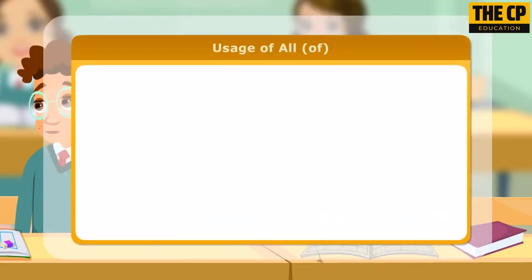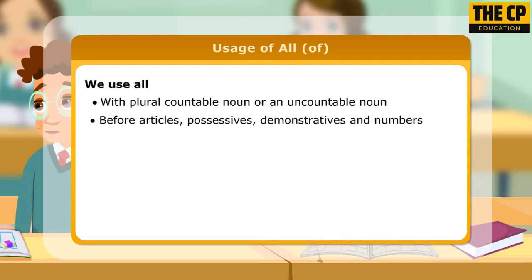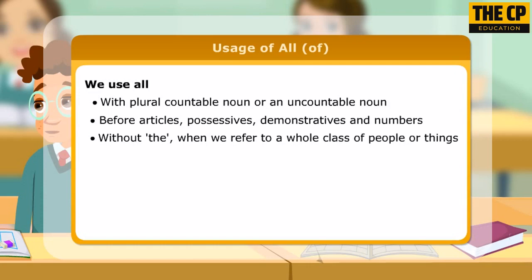Usage of all of. We use all with a plural countable noun or an uncountable noun before articles, possessives, demonstratives and numbers. Without the when we refer to a whole class of people or things.